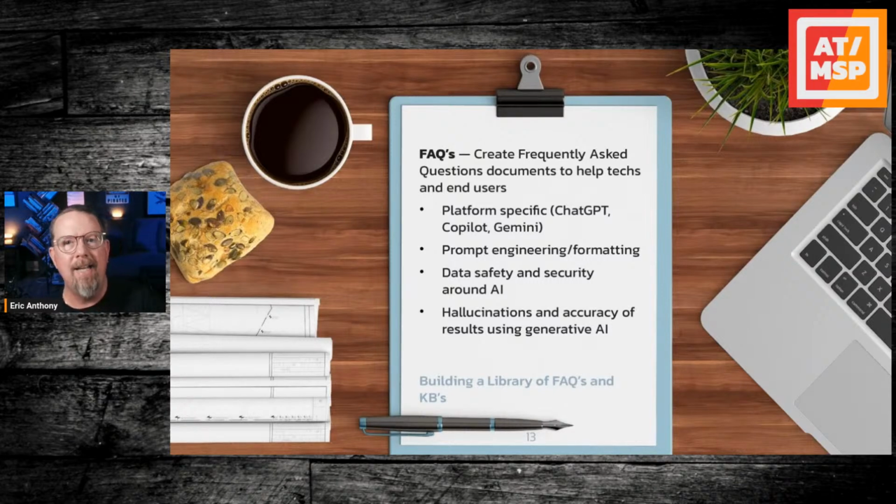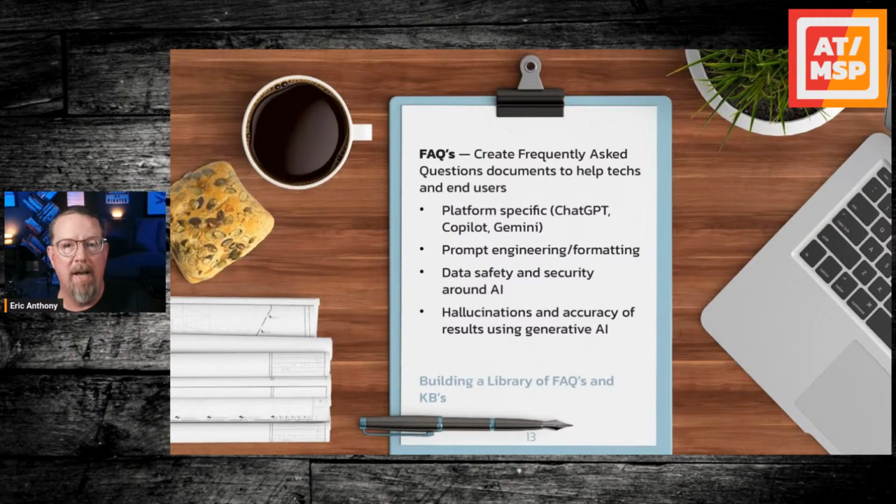And these are going to be any kinds of resources, documents, whatever, that is going to help both your techs and your end users navigate the use of AI. Now, first thing, you need to have platform specific articles. Okay. They need to be whatever the platforms are that your clients are using. Those are the ones that you want to build those FAQs and KBs for.